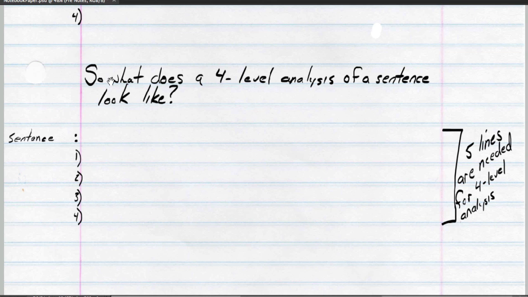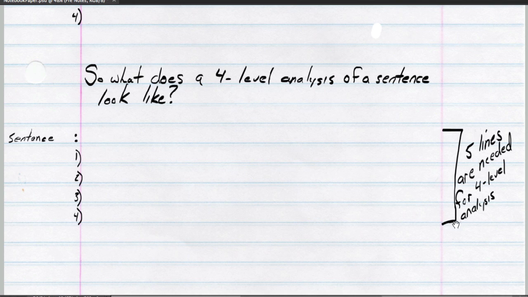Then over here in the margin, I want you to write the word sentence. Put a colon here. On the other side of that colon, we're going to have an example sentence that I'll show you how it is that you will do in the future, what it is we are about to learn. Underneath that, you'll notice the numbers 1, 2, 3, and 4. Those of you paying attention could probably guess that those are going to represent the 4 different levels of grammar that belong to this sentence.